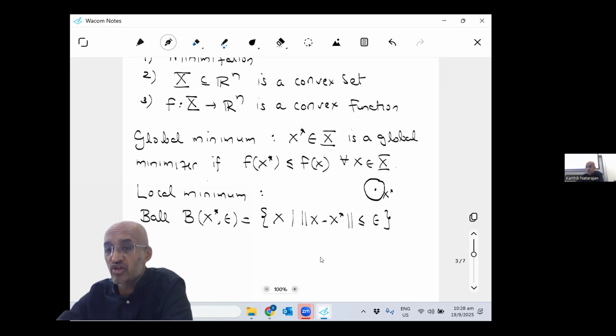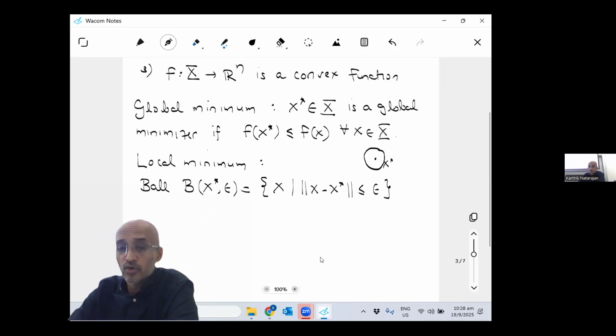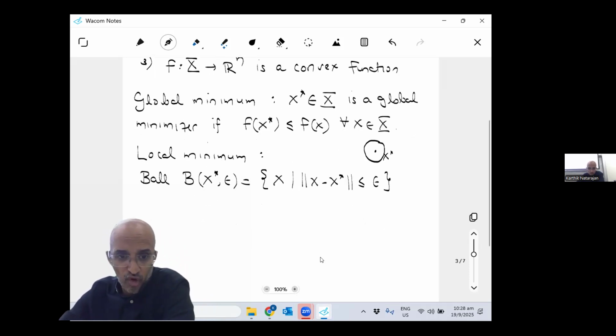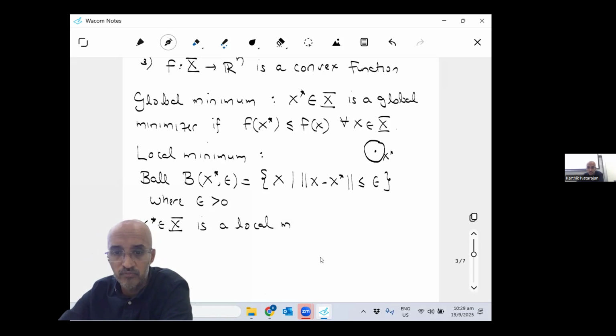All these points within this region are within an epsilon radius of x star, where epsilon is some positive constant. So what is a local minimum? Let's now define a local minimum. X star in X is a local minimum, local minimizer.